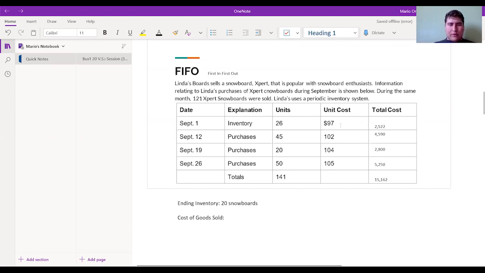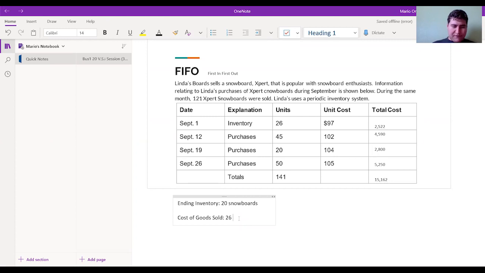So for this one, we sold 121 units, so we can get the cost of goods sold that way. We're going to go each step one at a time. Let's start with 26 units.